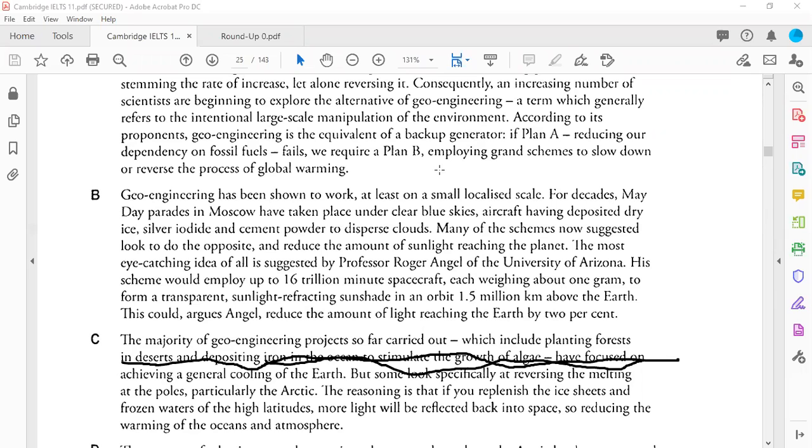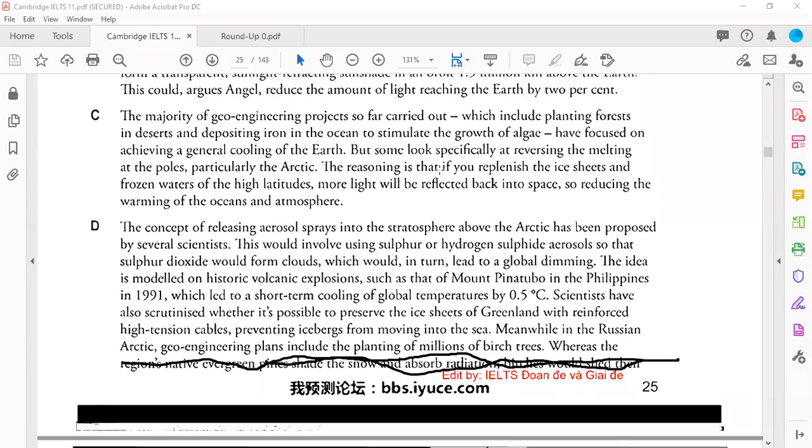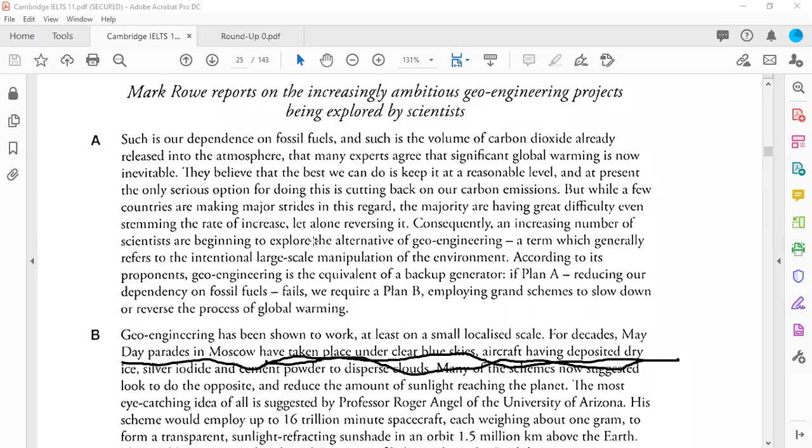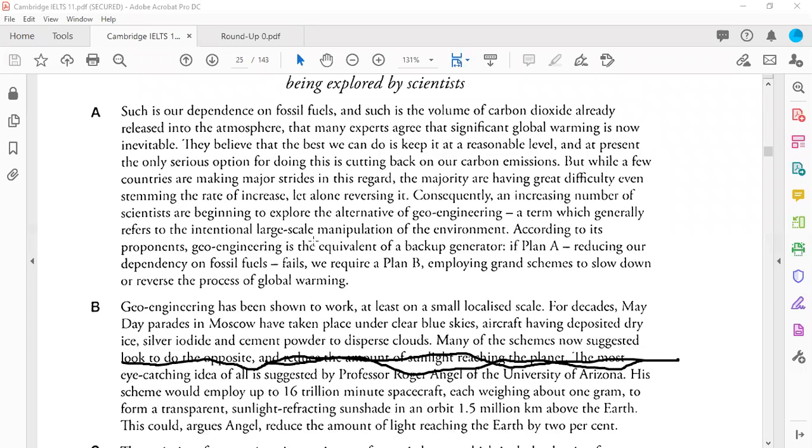Go down. The successful use, all I can see here, okay, this is all we needed.